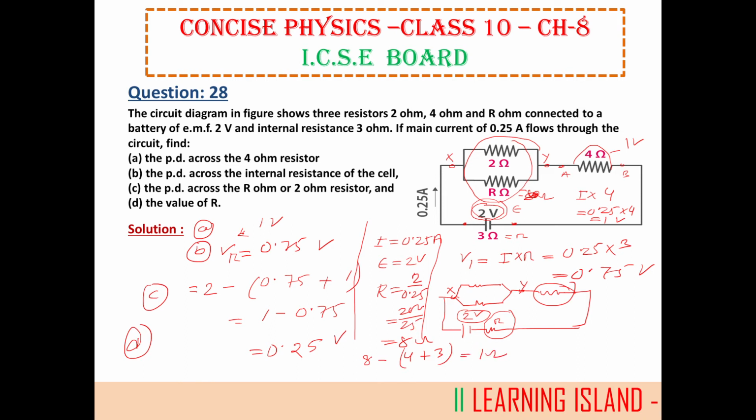So if the equivalent resistance of these two resistors is 1 ohm, we can write 1 by 1 equal to 1 by 2 plus 1 by R. So I am getting 1 by R equal to 1 by 2, that is R equal to 2. So the value of R is coming 2 ohm.